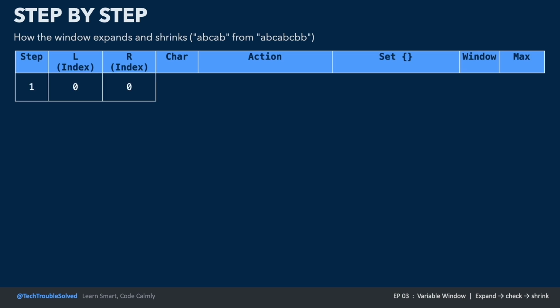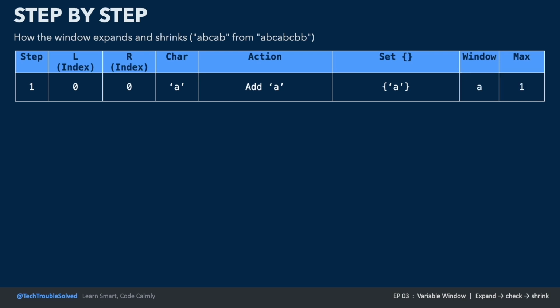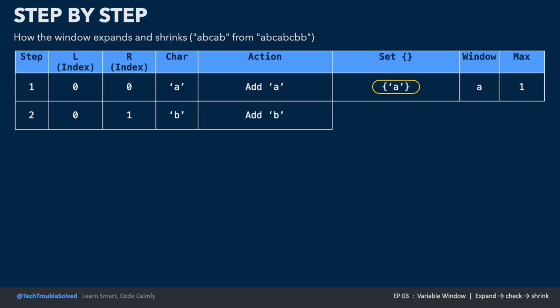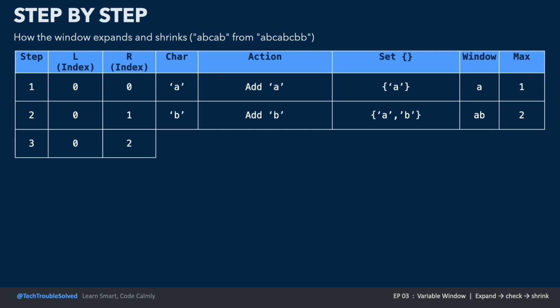Step 1, R is 0, character A, set is empty. A is not in it. Add A to set. Window A. Size 1, max 1. Step 2, R is 1. Character B. B is not in set. Add it. Window A B. Size 2, max 2.